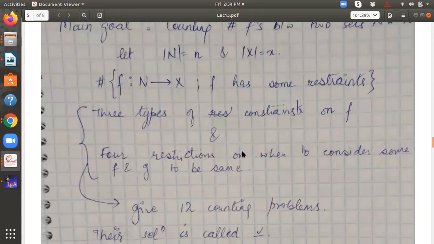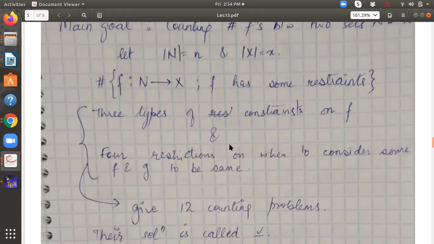Once you are in one particular equivalence class, counting all those functions is one counting problem. Then you shift to the new equivalence class and count all the functions there. That is the second counting problem, and so on.